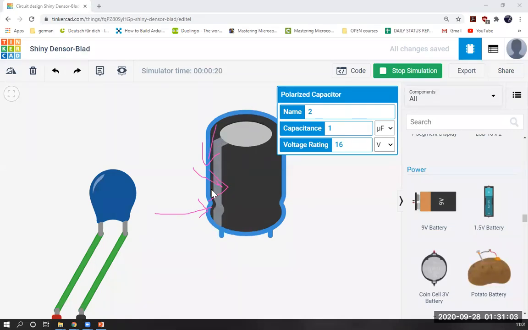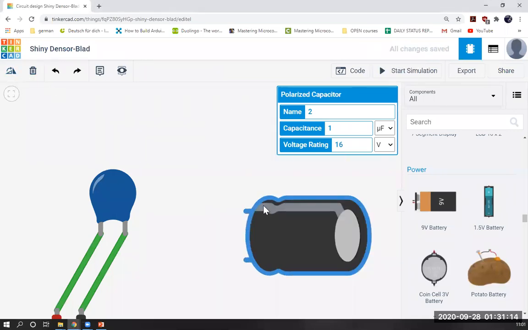If you look at it horizontally, it is a negative sign. So this is the negative terminal and this is the positive terminal. Simple as that. If I rotate it and draw a line like this, which sign is this? This is negative, right? So this one is the negative terminal and this is the positive terminal. If you want to check, you can over here: this is negative, this is positive. Like this, we can understand which terminal to connect where.